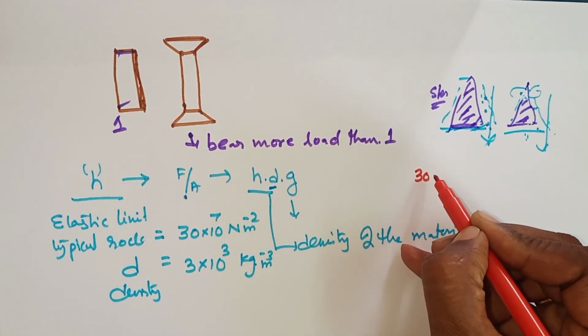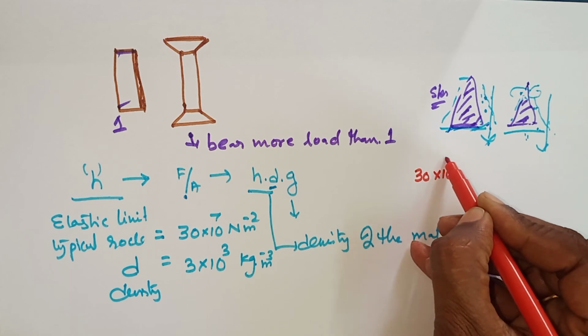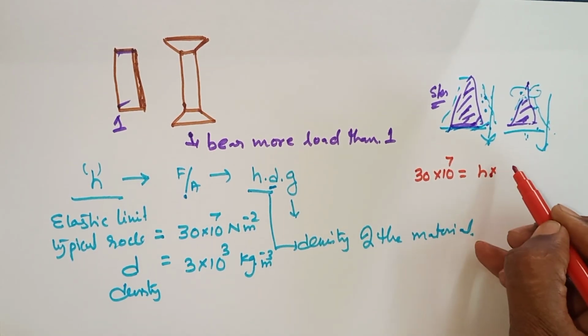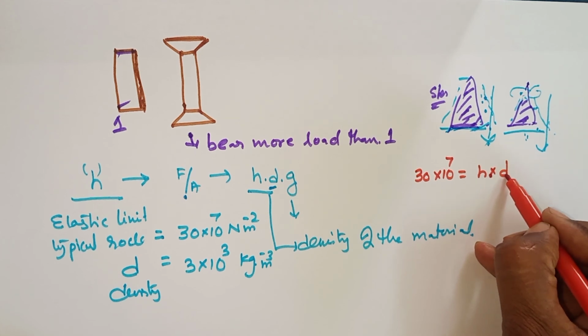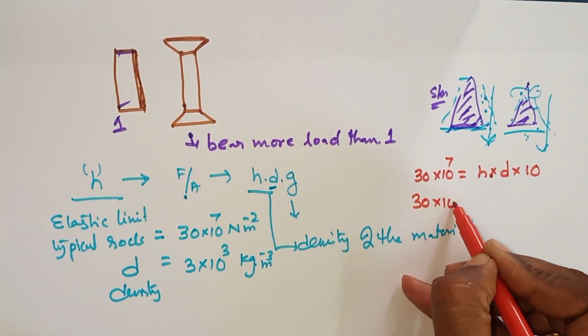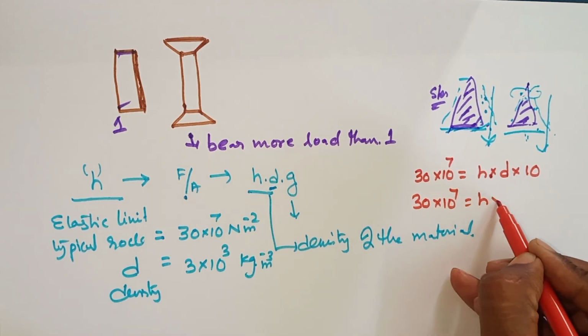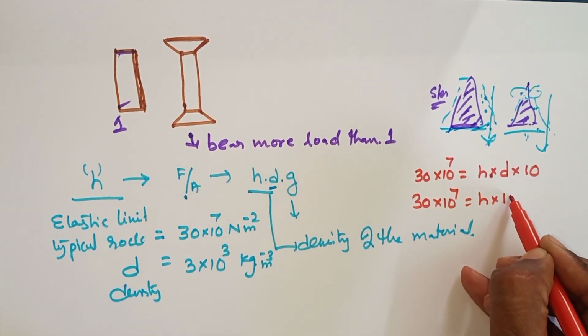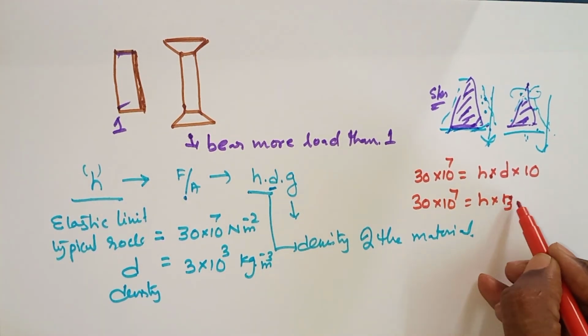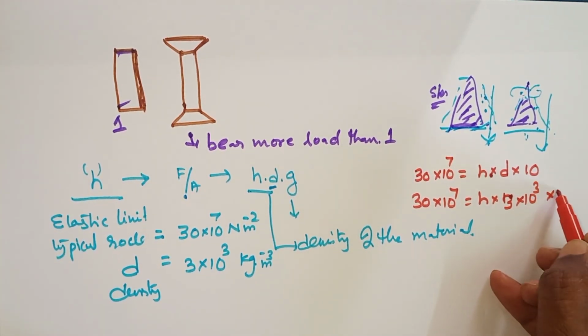So 30 into 10 power 7 is equal to height into density rho into g value 10. 30 into 10 power 7 equals height, and what is the density? Density we have as 3 into 10 power 3, into 10.